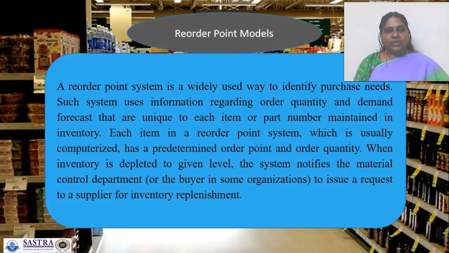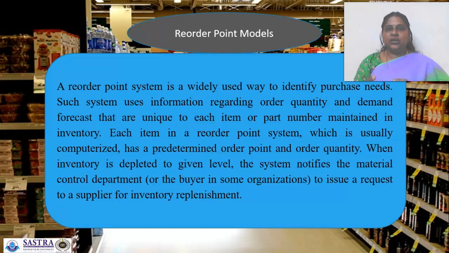Coming back to the reorder point model, a reorder point system is a widely used way to identify purchase needs. Such a system uses information regarding order quantity and demand forecast that are unique to each item or part number maintained in inventory.